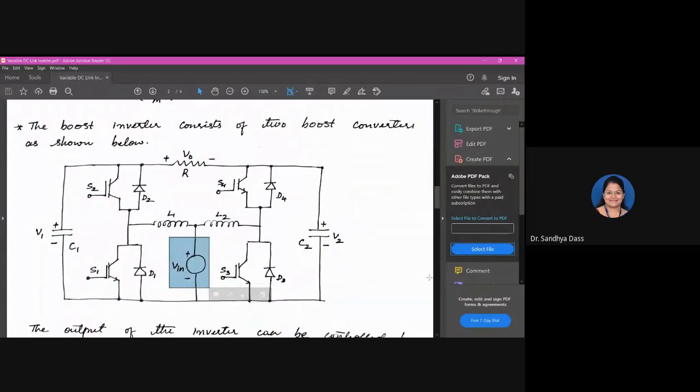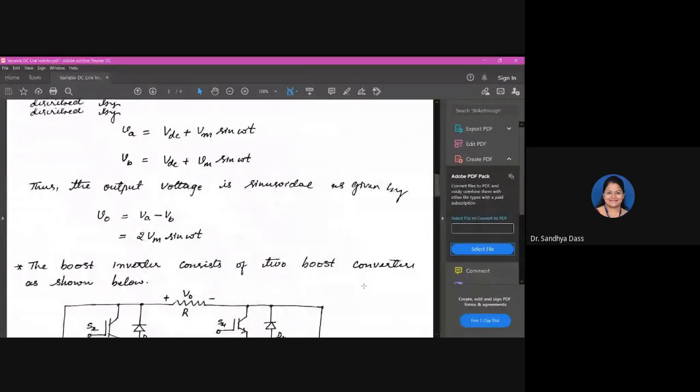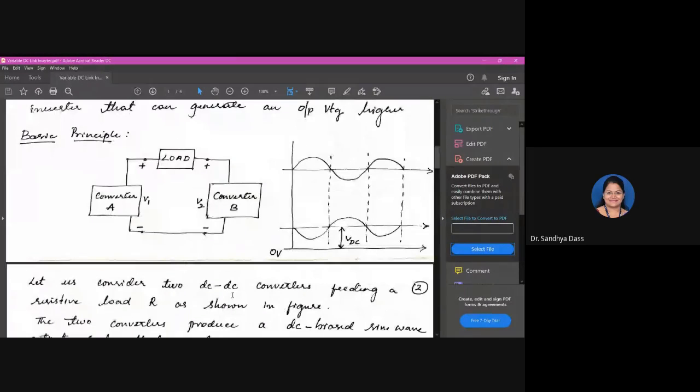The rest of the circuit is designed in such a way that you have two boost converters based on this basic principle. I hope you are able to understand that.